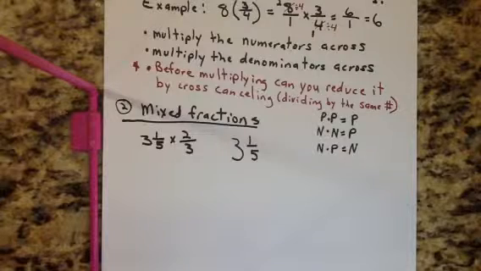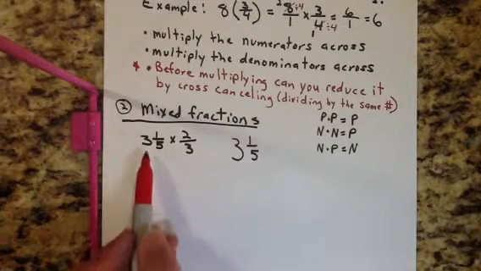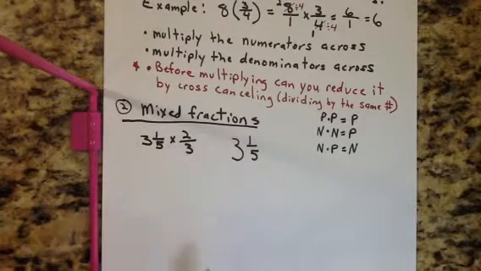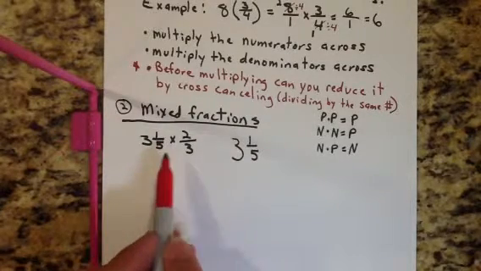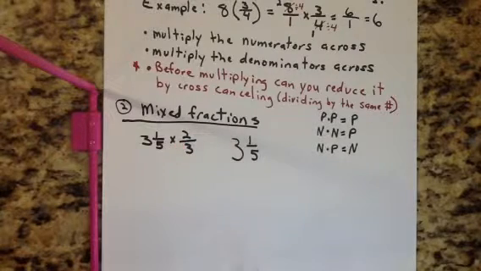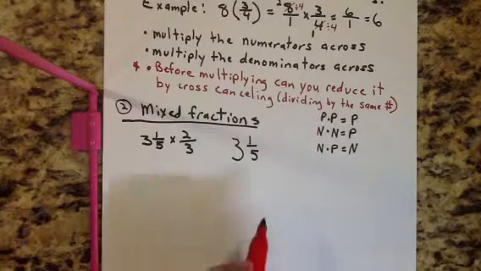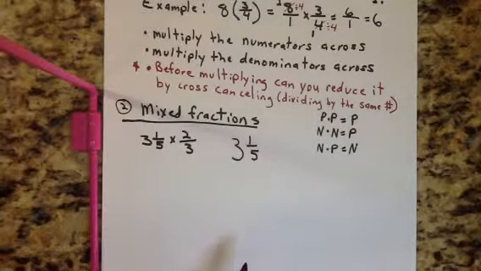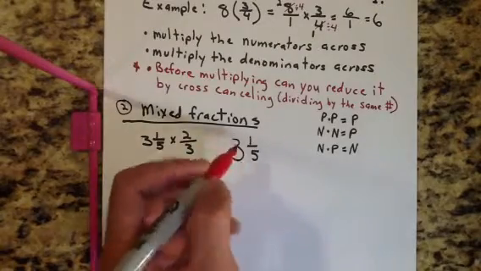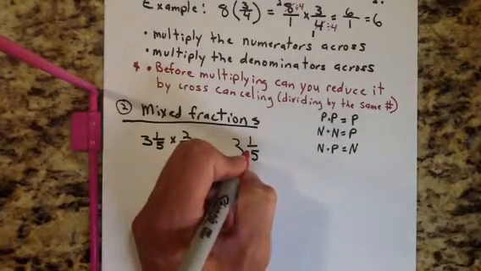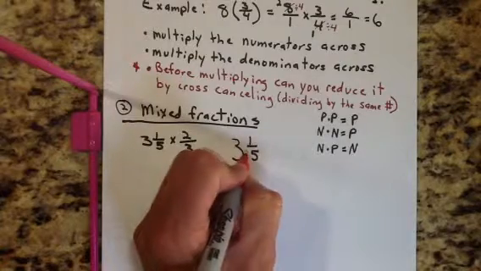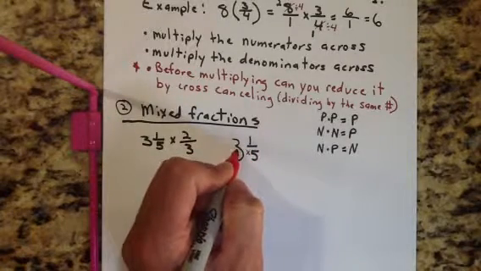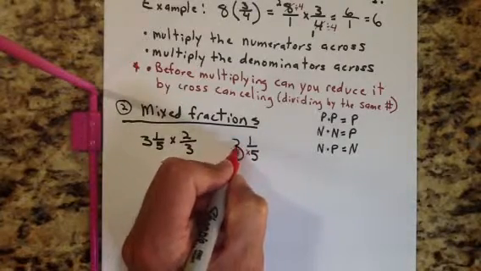A mixed fraction. Okay, what's a mixed fraction? It's where you have a whole number and a fraction together. So 3 1/5 times 2/3. All right, so before we can even begin, we need to change our mixed fraction into what we call an improper fraction. So we get rid of the whole number this way. We take the denominator and we multiply it by the whole number.